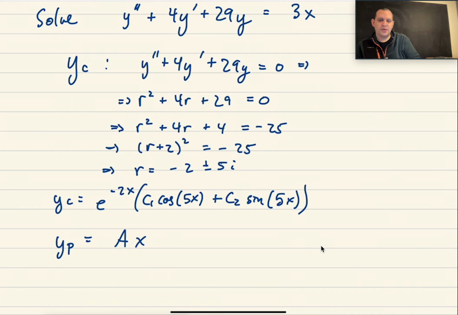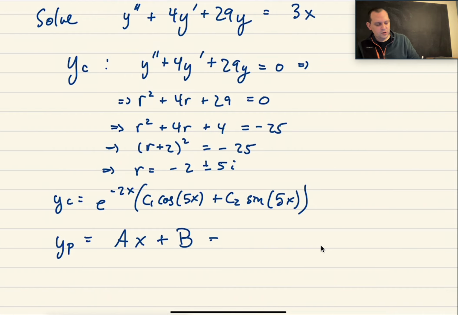The right way to think about this is not as a constant times x, but as a linear polynomial. So we need to put a general linear polynomial as our guess for the particular solution, ax plus b. There might be some examples where b is 0, in which case you could have gotten away with the previous guess. But in general, we'll need the ax and the b as well.